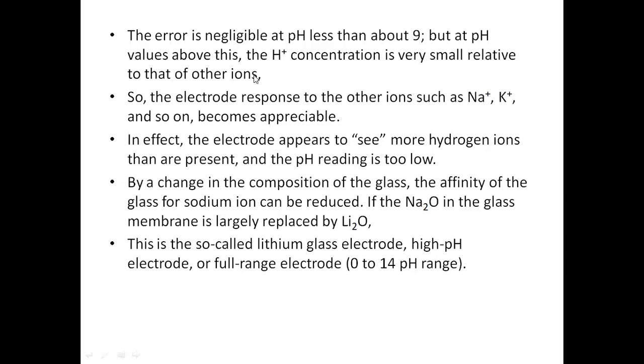So the electrode responds to other ions such as potassium and sodium. The electrode is a machine. It does not know whether there is a potassium ion, sodium ion or hydrogen ion. It just sees positive ions, but in place of hydrogen ion, it gets sodium and potassium.